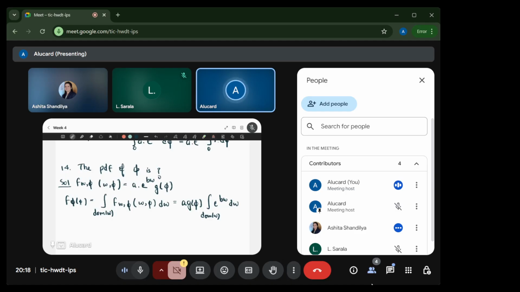So if you know probability, you will know directly what the distribution of phi should be for a uniform distribution. Of course, if you don't know that it's a uniform distribution, then you'll have to do all the mathematics.